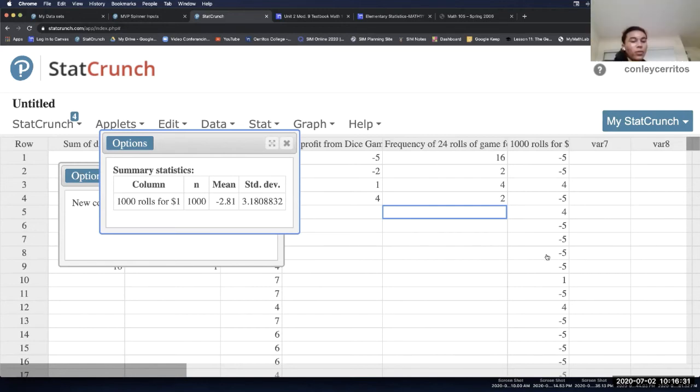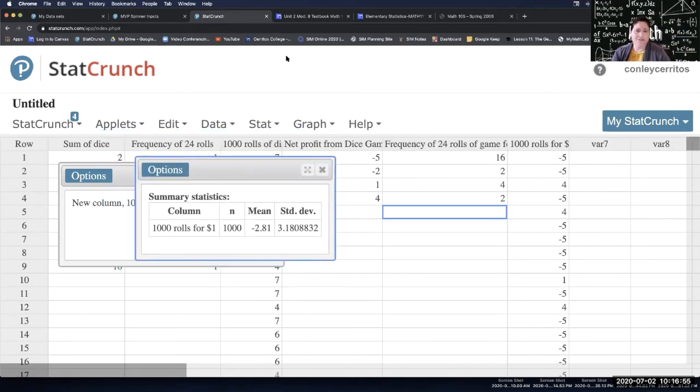Negative 3.041. Noah, what'd you get? Negative 2.59. Okay, so we all got something a little bit different, but we're hovering around 3, with a little 2 in the upper ranges.